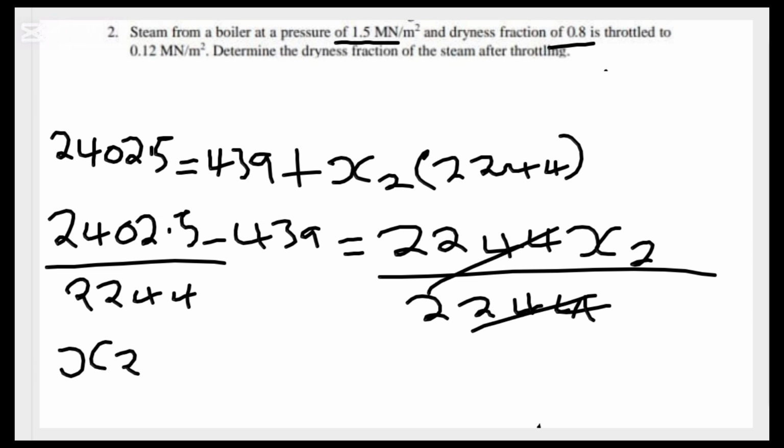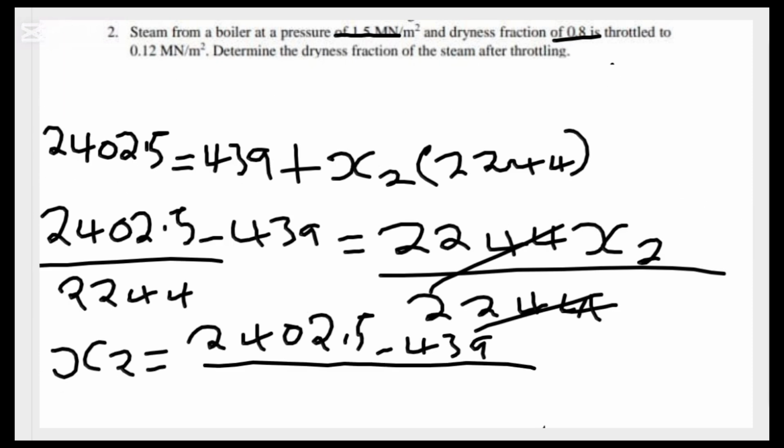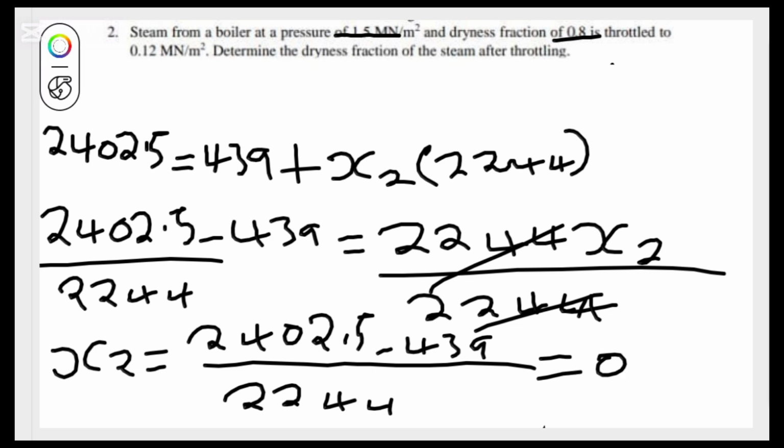At the end, x2 will be equal to 2402.5 minus 439, divided by 2244. So what should I get? x2 will be 0.875.